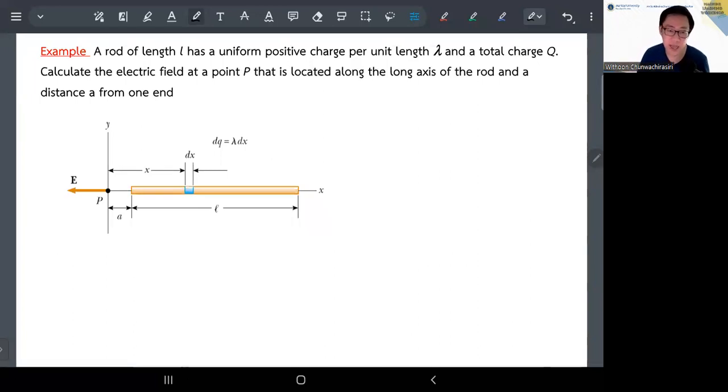But I think you need to be able to handle some simple geometry of the charge arrangement. That's all I'm asking. So don't worry about a triple integral. You're only going to do a couple of geometries that I'm going to give you as examples, and we are going to go through all of them together.